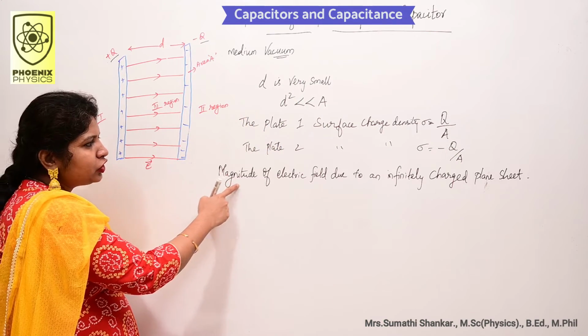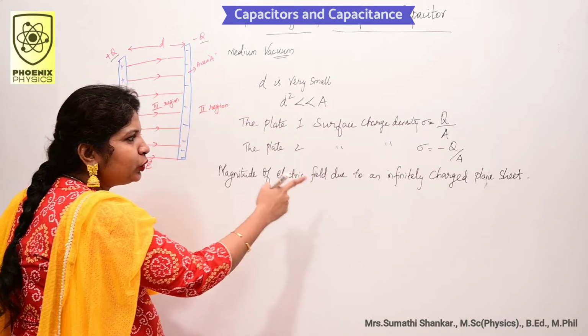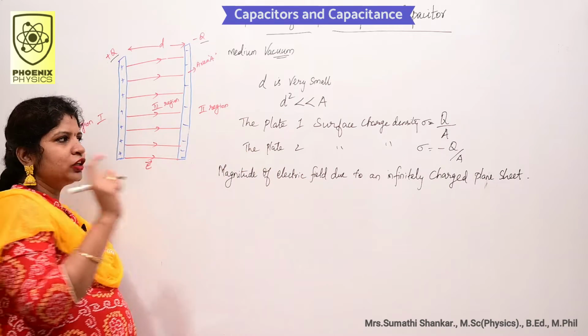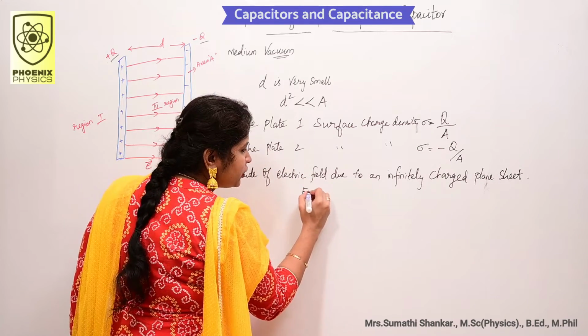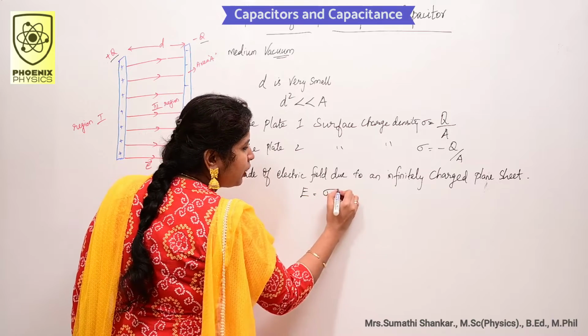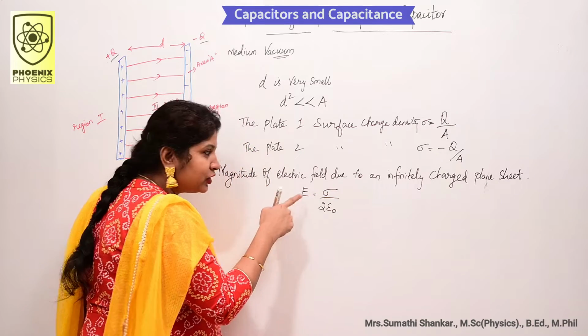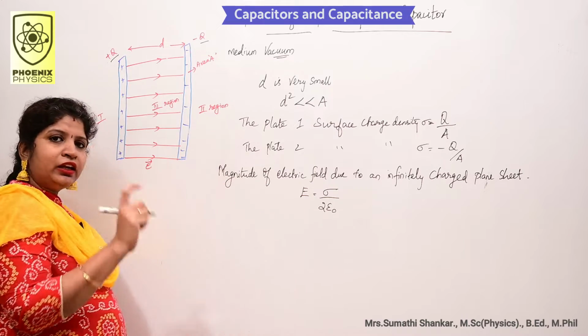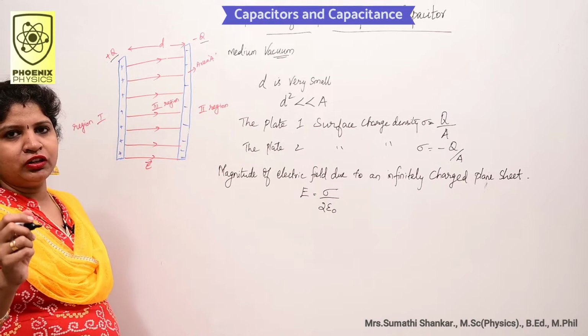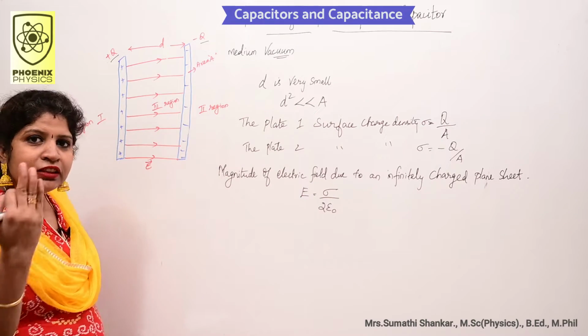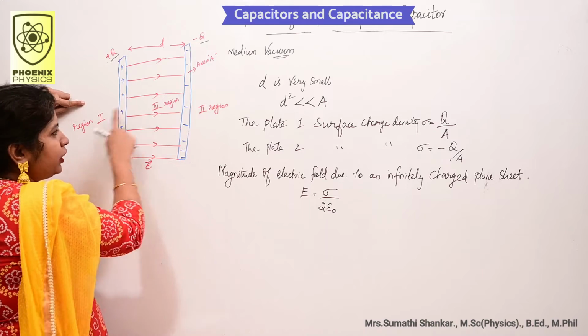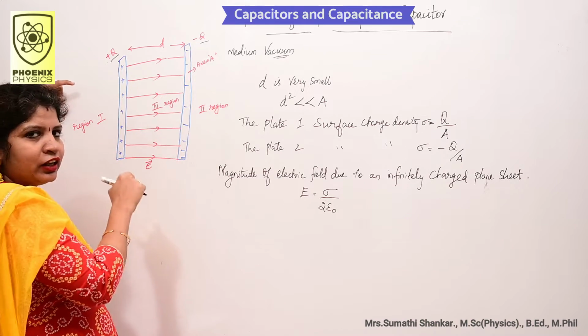Then the magnitude of the electric field due to an infinite charged plane sheet is equal to sigma by 2 epsilon naught. We have already studied this expression in the application of Gauss's law. Here I have three regions: region 1, region 2 and region 3.